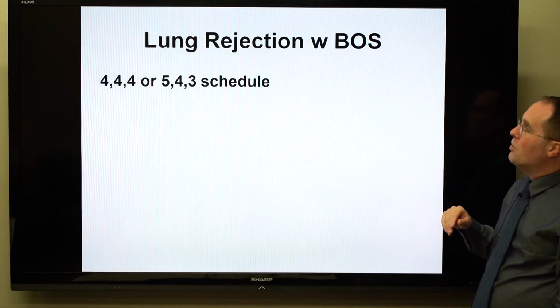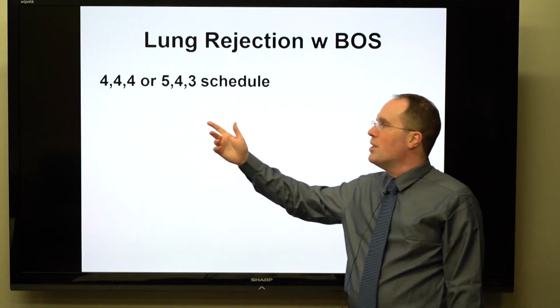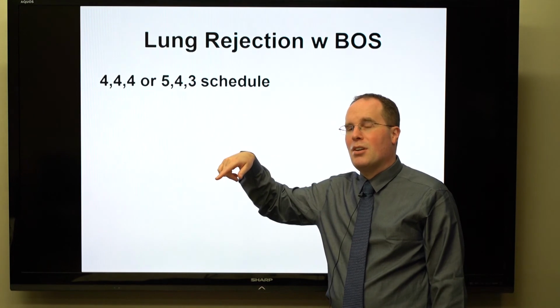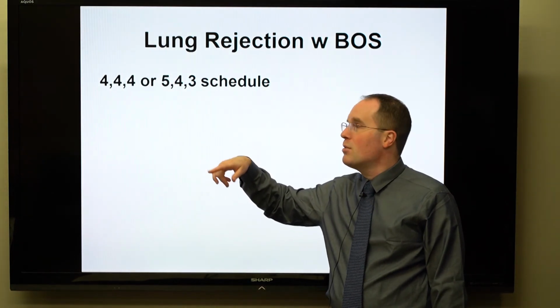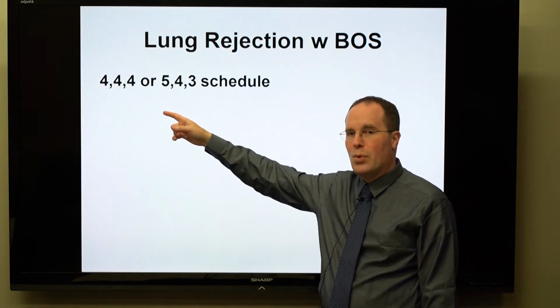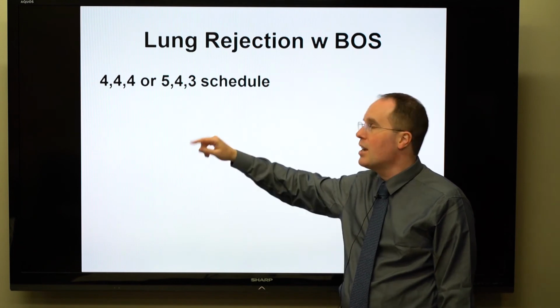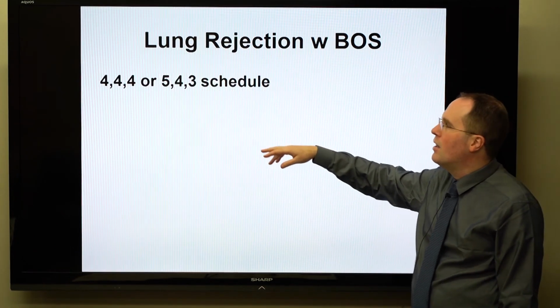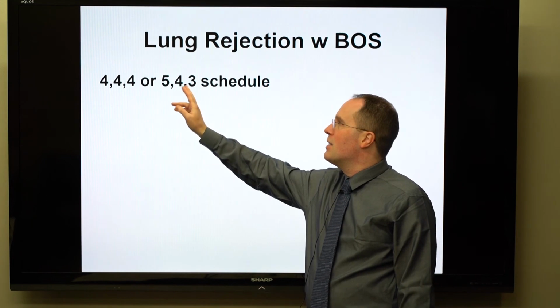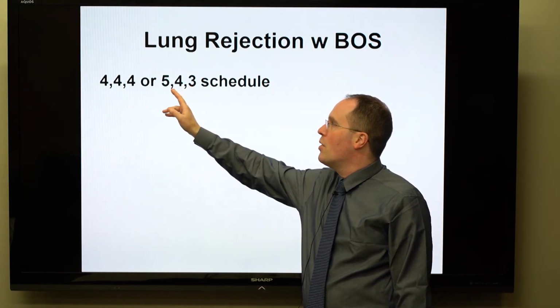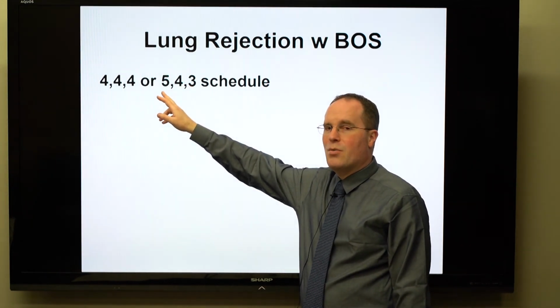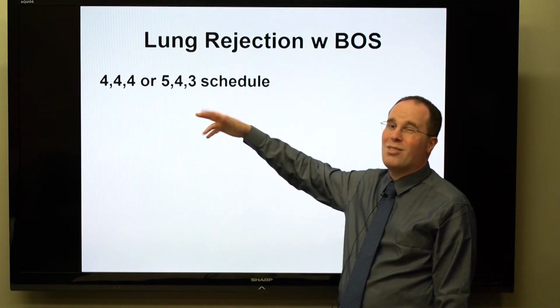And so some places use a similar schedule to what we saw before with graft versus host disease: 4 weekly cycles, then 4 every other week cycles, then 4 monthly cycles. Or you could do 5 weekly, 4 every other week, then 3 monthly.